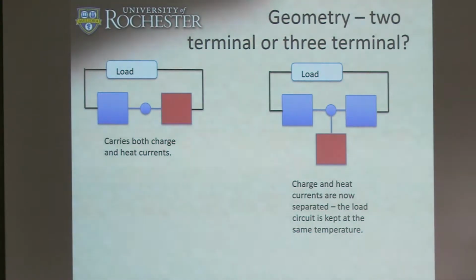This is very handy because when you do experiments in a circuit with different temperatures, you get thermal voltages produced, and it's very difficult to unpack where the voltages are coming from, from what temperature source.